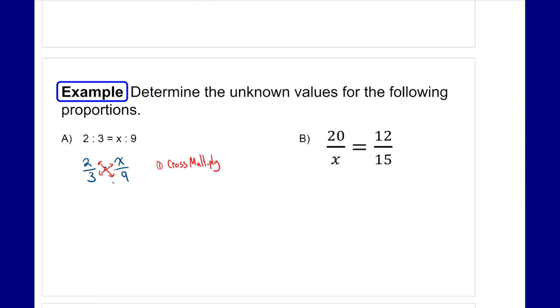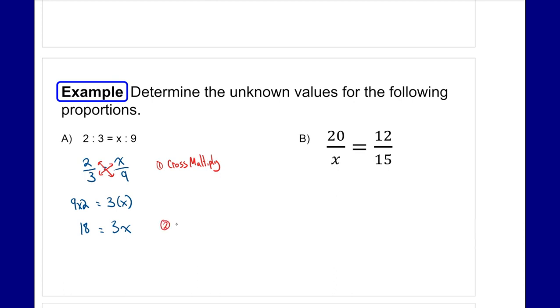So I get 9 times 2 and 3 times x. So I get 18 equals 3x. I'm just showing that middle step to show where we get these numbers and what we're actually multiplying. You don't need to show that if you don't want to.